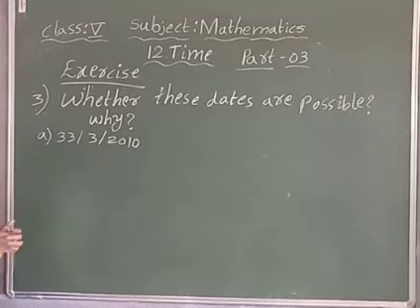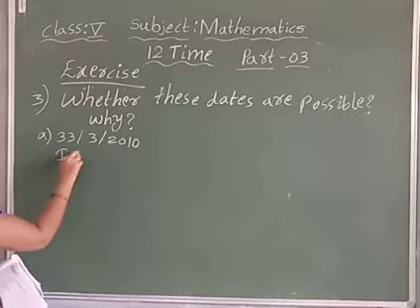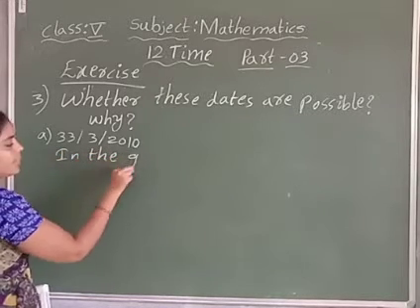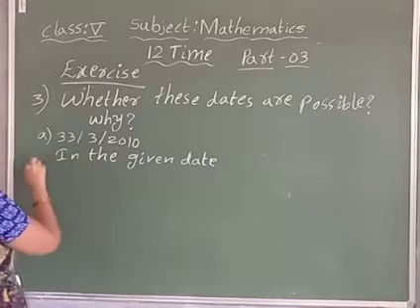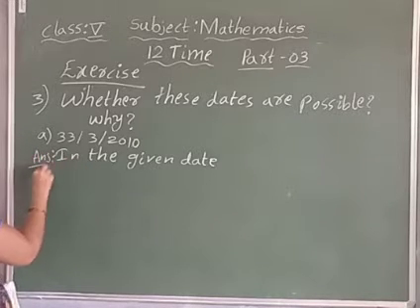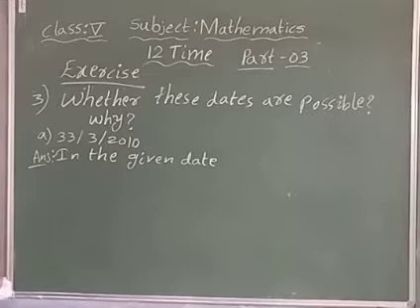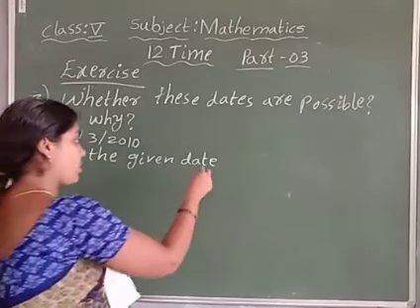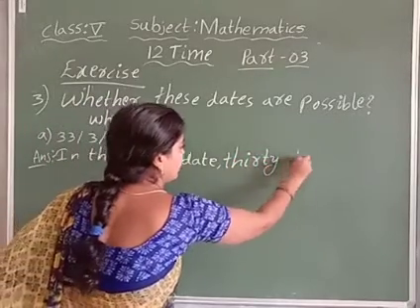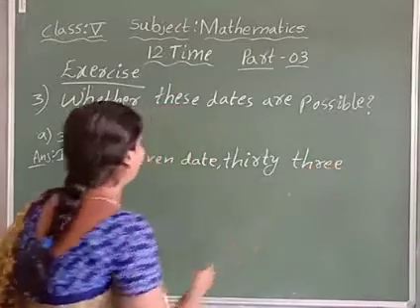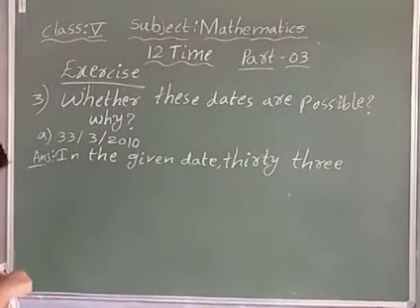So these dates are not possible. Why? In the given date, write this, this is the answer: in the given date, 33 is given. Here the date 33 is given.